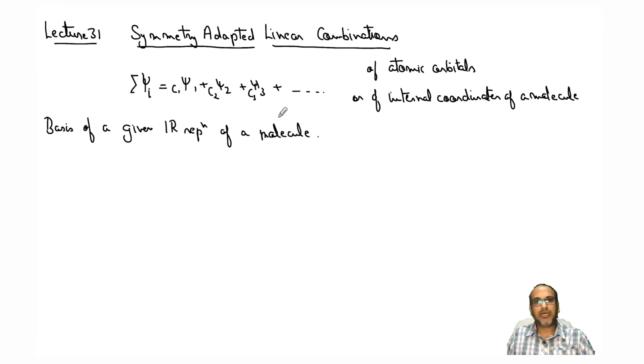So what is the advantage if we do that? Let's say we have a set of atomic orbitals, or a set of wave functions of atomic orbitals, and we try to combine those wave functions. There can be different combinations, right?